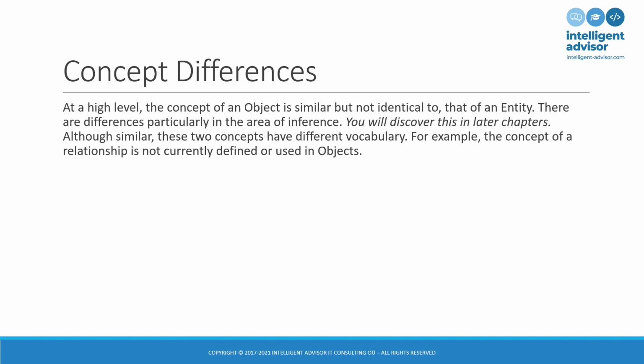But we need to understand and accept that they are two different concepts. They have a different vocabulary. For example, the concept of a relationship, which is something quite common in Oracle policy modeling, since every time you create an entity, you have a containment relationship, and you can create a multitude of reference relationships. This concept does not exist in objects today. I say that today because who knows, it might change, but right now it doesn't exist.